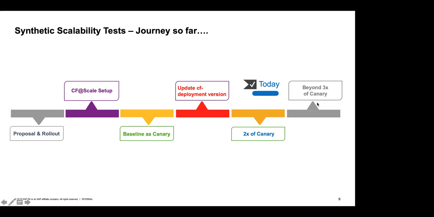And then the next step, once we have tackled the issues that came out of running the landscape in that size, is we want to go beyond triple the size of our canary landscape. So that's roughly what we do in terms of synthetic scalability tests.